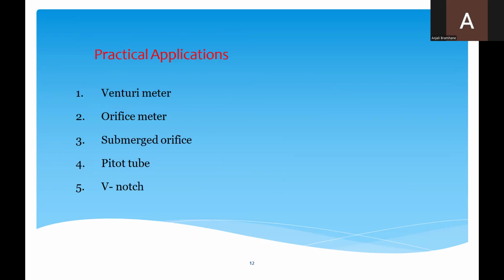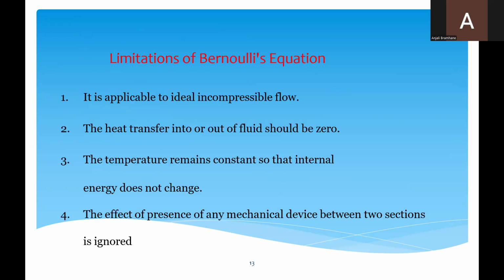Next, practical application. First, venturimeter, second, orifice meter. Third, submerged orifice. Fourth, pitot tube. And fifth is V-notch. Next slide is limitation of Bernoulli's equation. The first limitation is it is applicable to ideal incompressible flow.